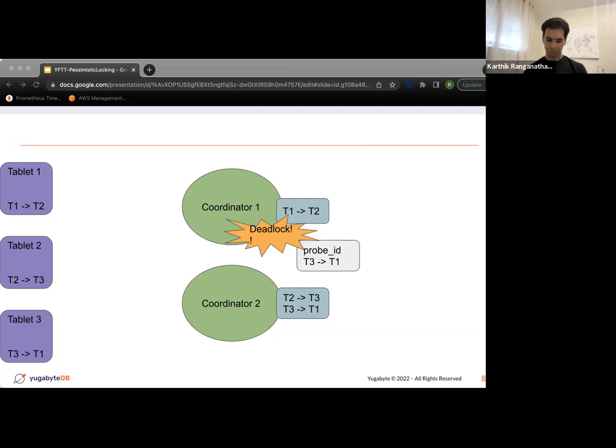And each coordinator will ensure that a probe is initiated from each of its waiting transactions that it is aware of every second. So it's a sort of configurable fixed interval for each transaction. Got it. I could go into more about that, but if you have more questions, we can get to those. Yeah. Got it.